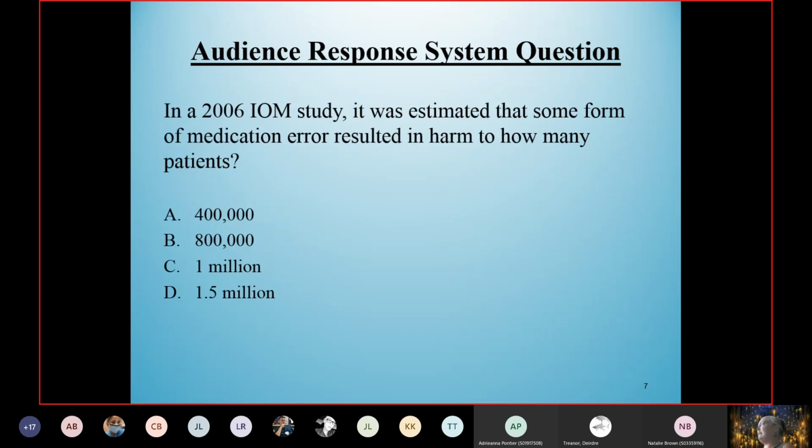So in 2006, an IOM study estimated that some form of medication error resulted in harm to how many patients? Is it A, 400,000, B, 800,000, C, 1 million, or D, 1.5 million?